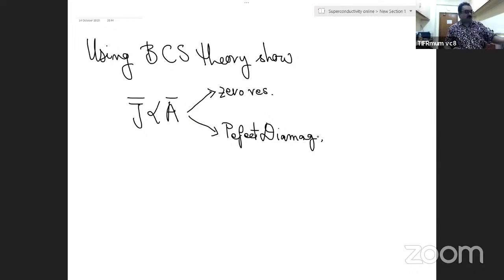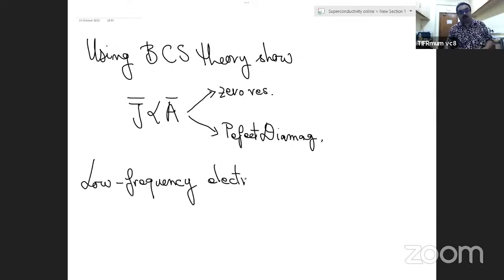Okay, this is the last bit, and for this last bit we have to do some electrodynamics. For simplicity, we will actually do very low frequency electrodynamics. In principle, you can use this BCS formalism and do high frequency electrodynamics also.